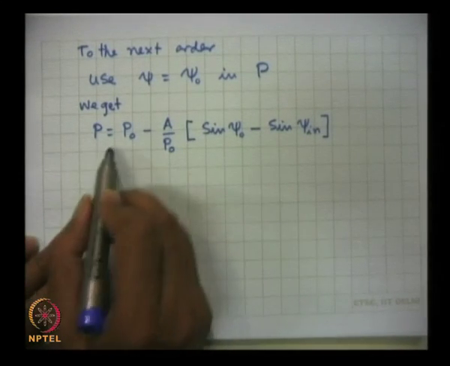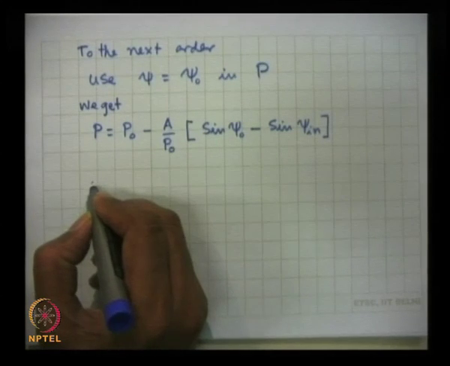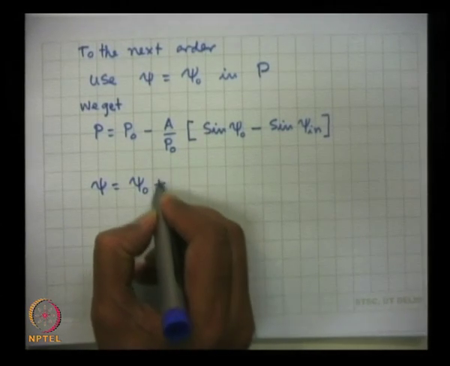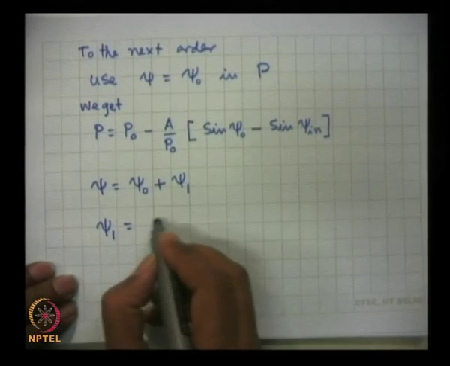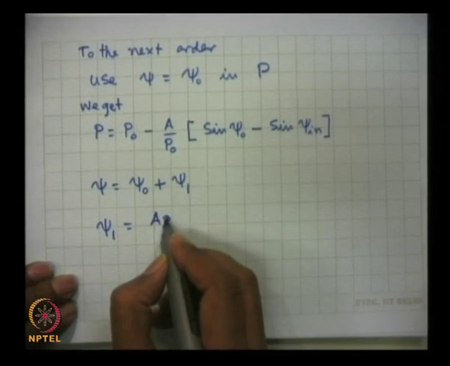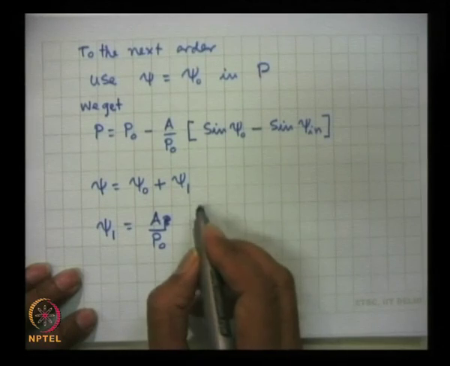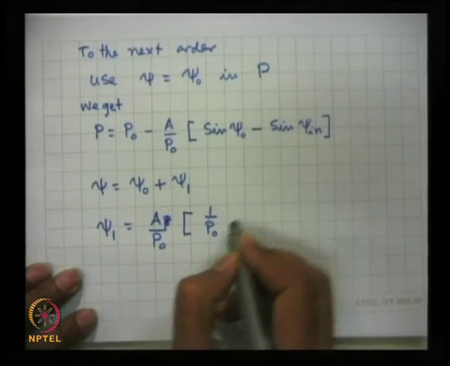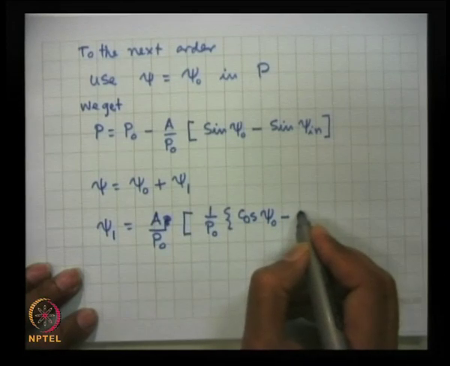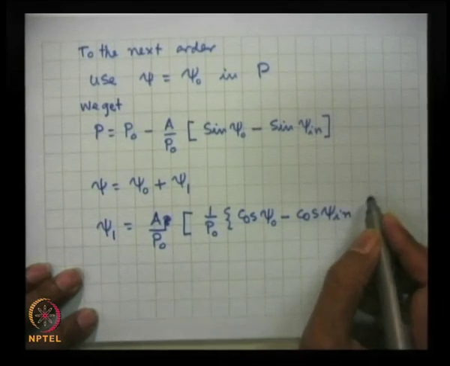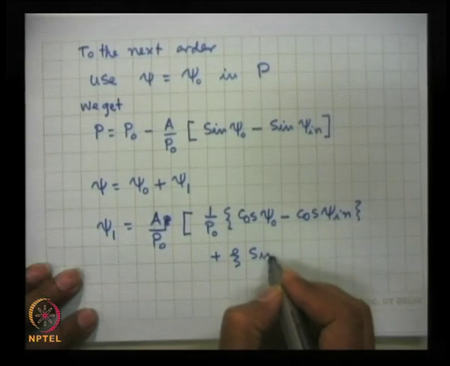And if you use this value of P in the psi equation, you will get psi becomes psi 0 plus psi 1, where psi 1 turns out to be equal to A upon P0 multiplied by 1 upon P0 into cos psi 0 minus cos psi in, plus xi sin psi in.